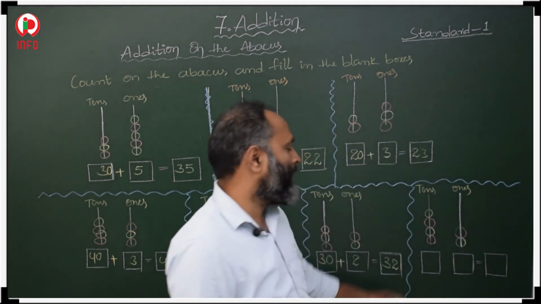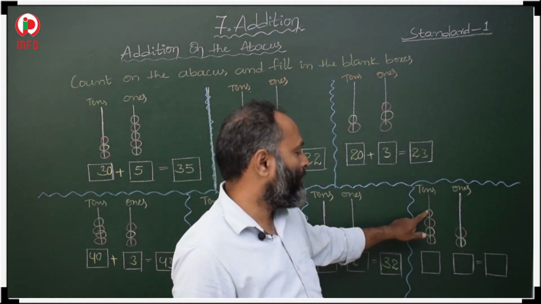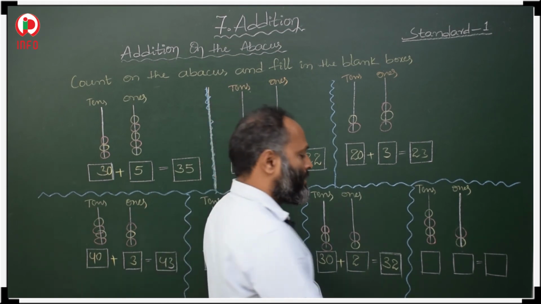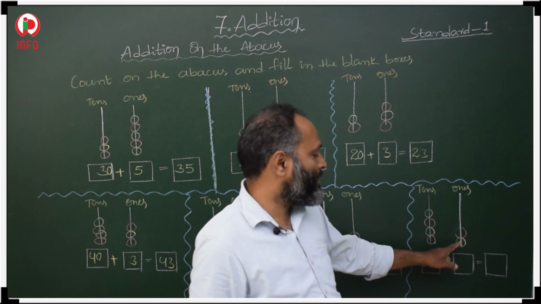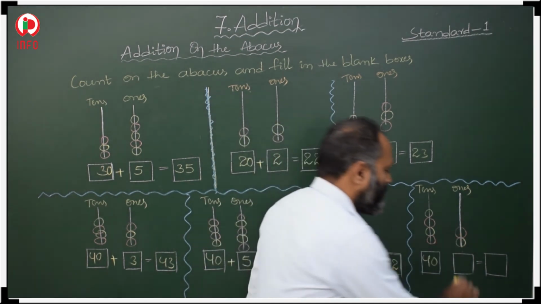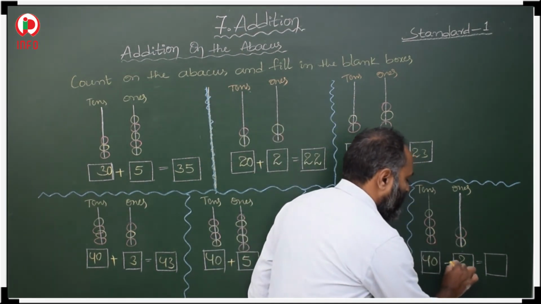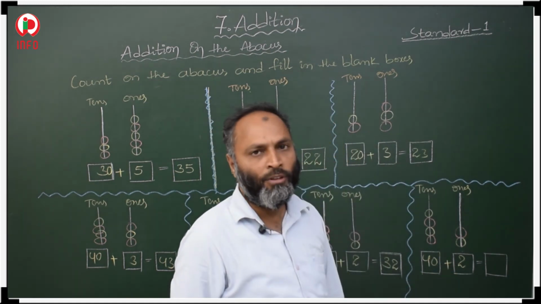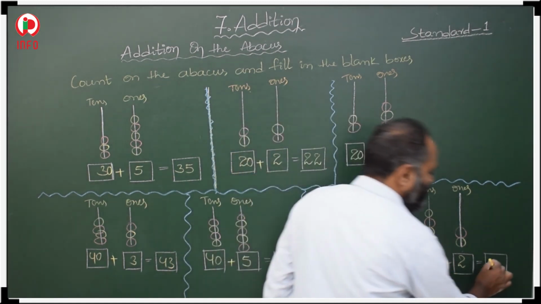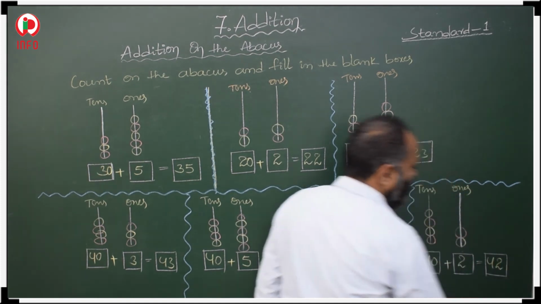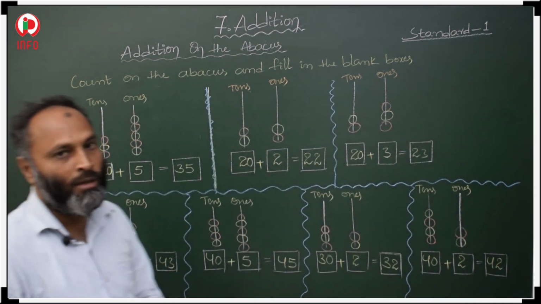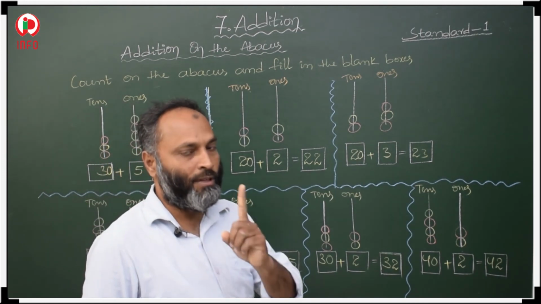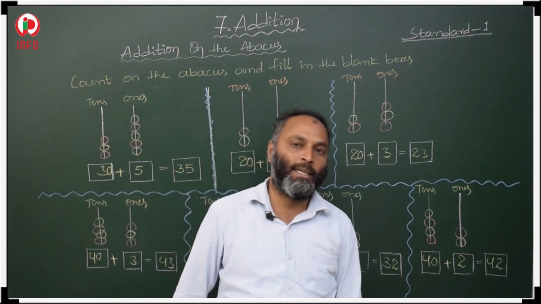How many tens are there? Count: 1, 2, 3, 4. 4 tens means 40. Then how many ones? 1, 2. 2 ones. Then 40 plus 2, how much? 42. Okay. In this way on the abacus we have to solve our problems. One question is left, that one question is your home assignment. Okay.